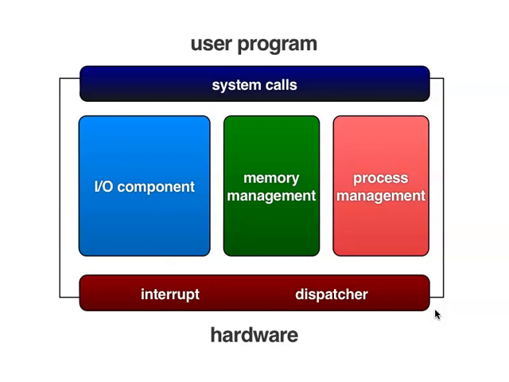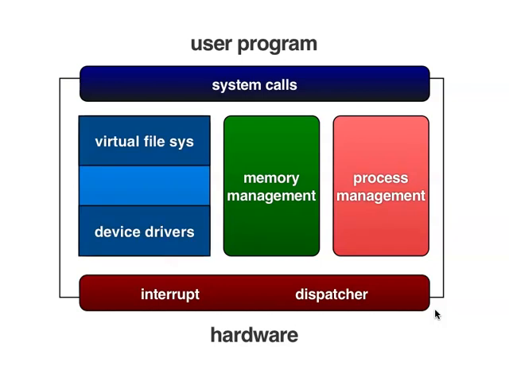The I/O component can be further divided into different components. The device drivers are an important part that handles all the different I/O devices. Device drivers are device-specific code that tells the operating system how to manage a particular device.